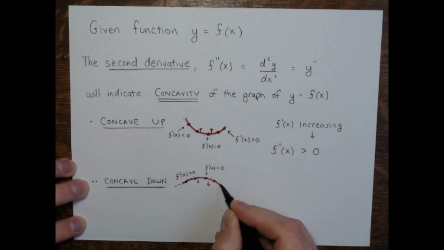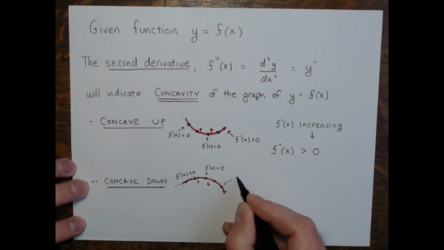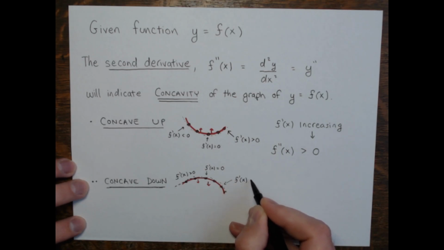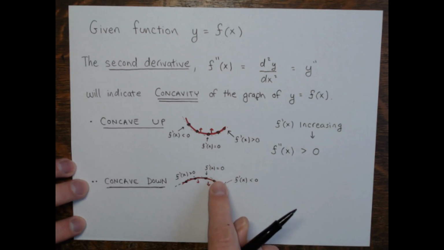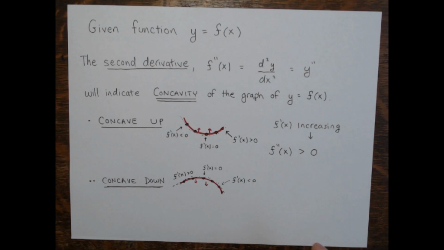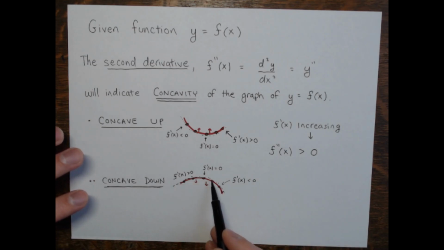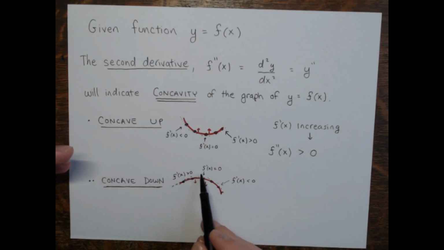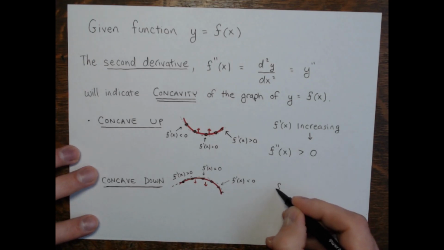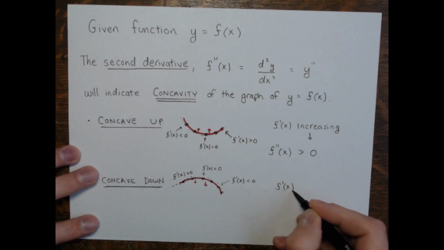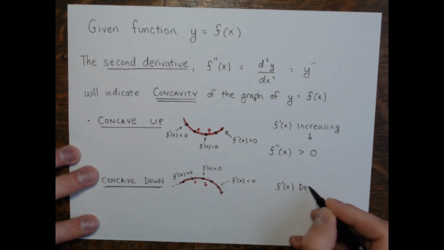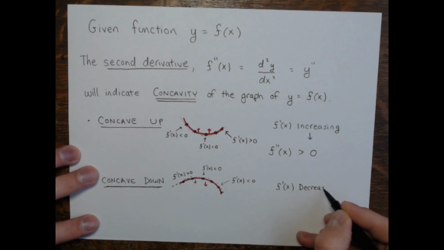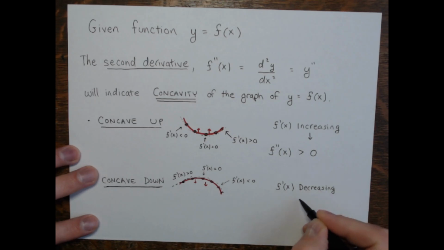And then at these points over here on the right side, the value of f prime would be negative, right? Negative slope tangents. So as I go from left to right on a piece of curve like this, going from positive slopes to negative slopes, the value of f prime is going down. The value of the first derivative is decreasing.